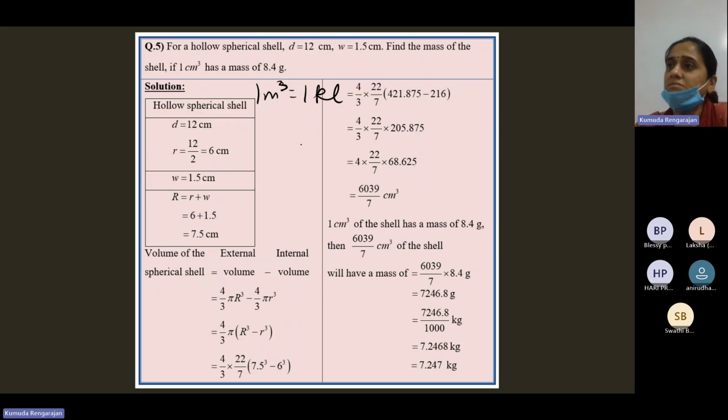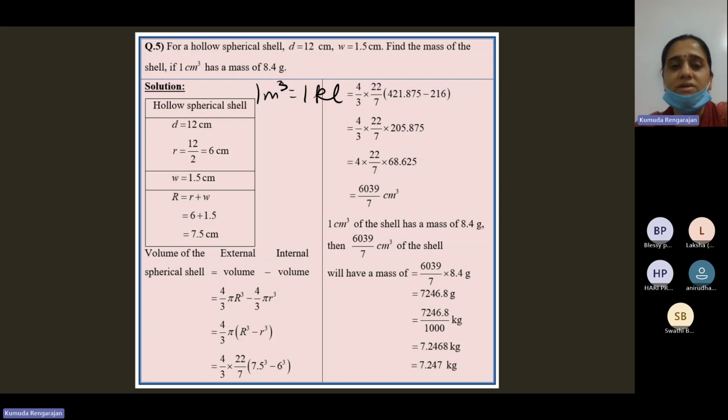What's the other one? Between centimeter cubed and liters? So all this we should remember. 1 meter cube is 1 kiloliter.